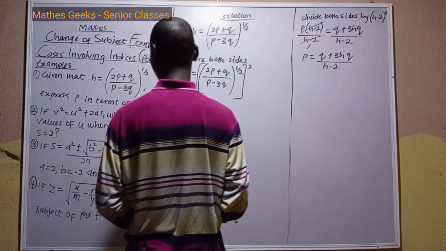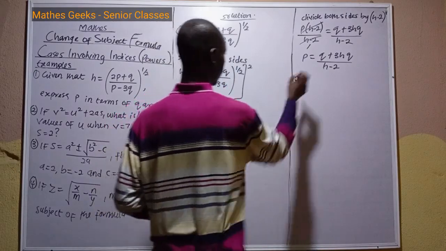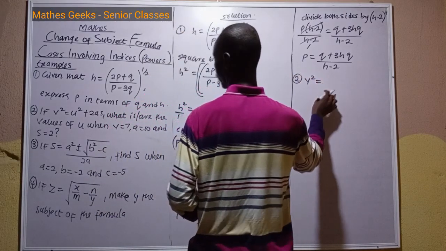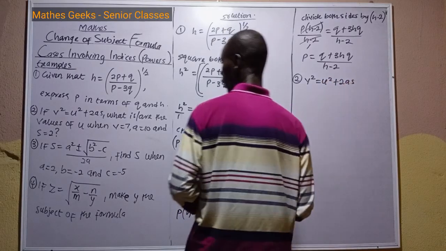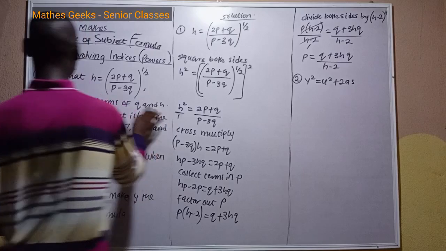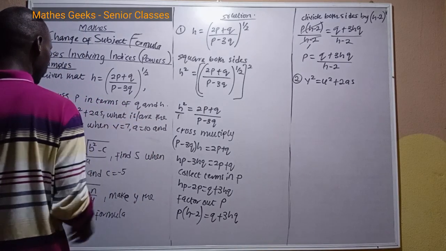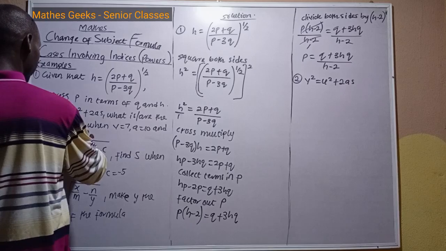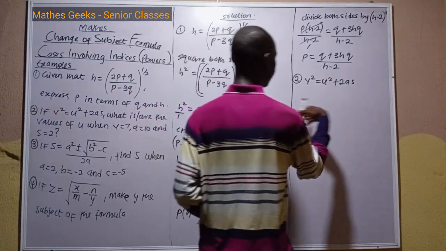That's number one. Then number two, write out the formula: v squared is equal to u squared plus 2as. What is or are the values of u when v is 7, a is 10, and s is 2? If the question is asking us for the values of u, it means u has to be the subject of the formula.